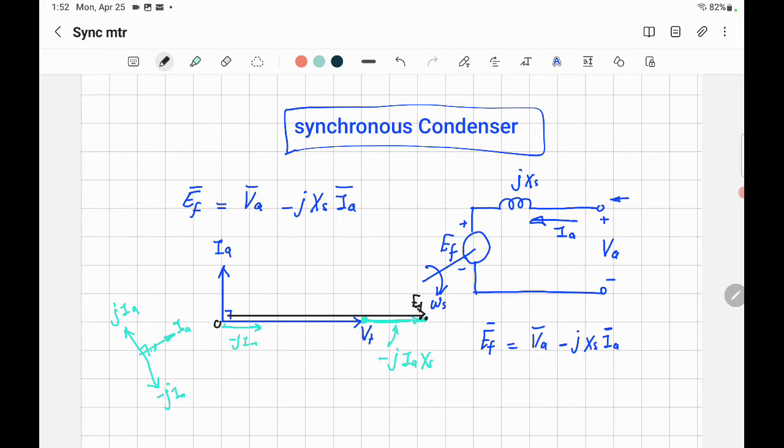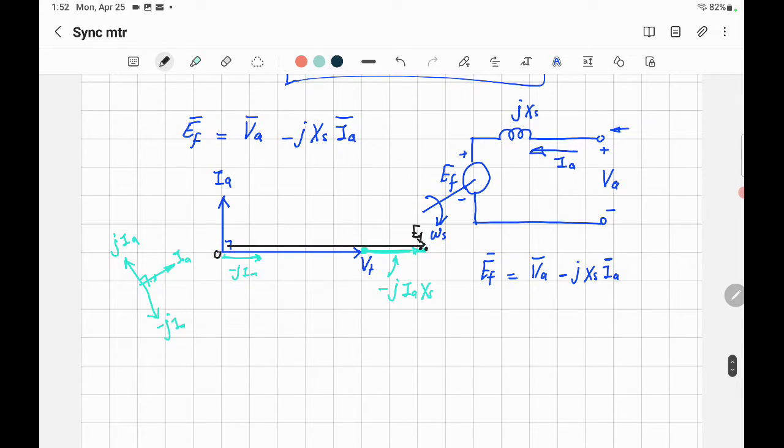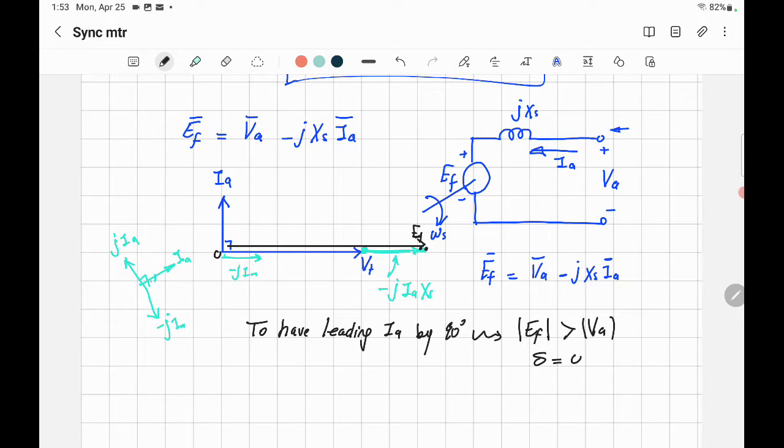So what do you obtain from here? To have leading armature current IA by 90 degrees, also not to consume any power, what you will do is make the excitation voltage magnitude bigger than the armature voltage. Not only that, delta, as you see, is equal to 0. It means EF is in phase with VA.